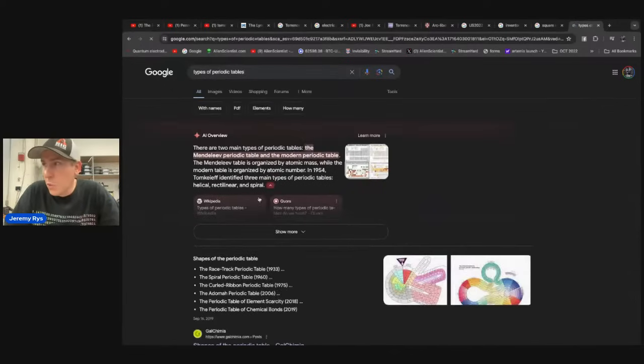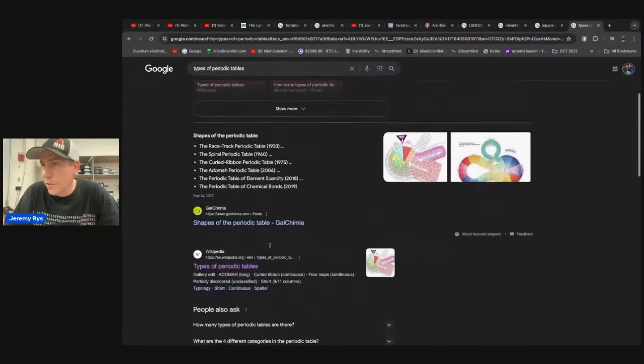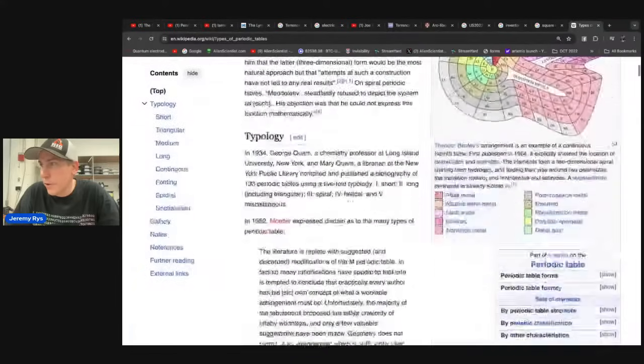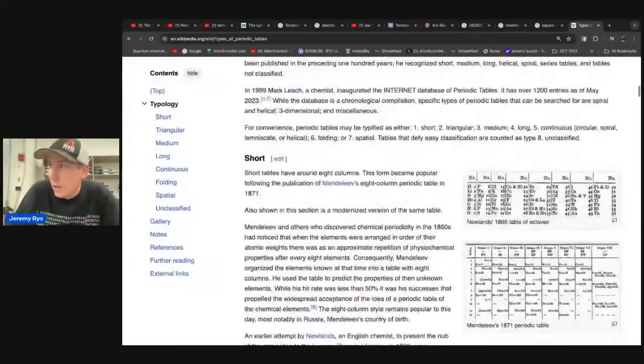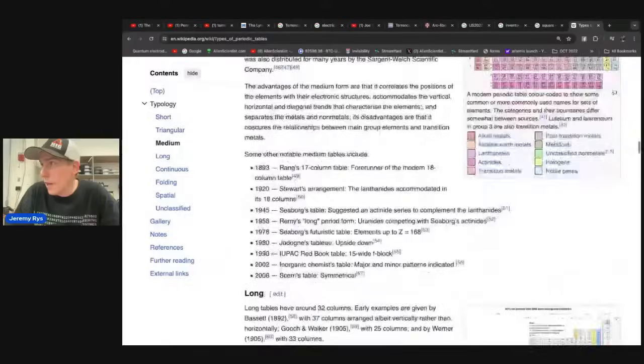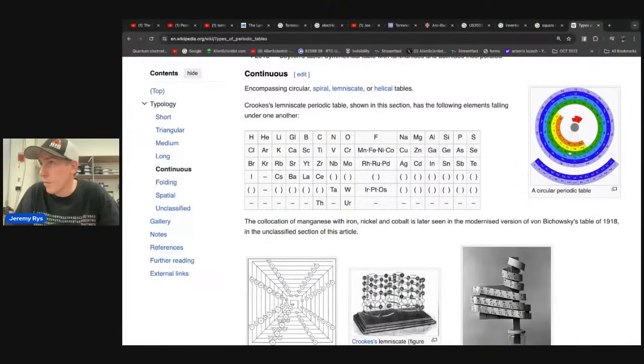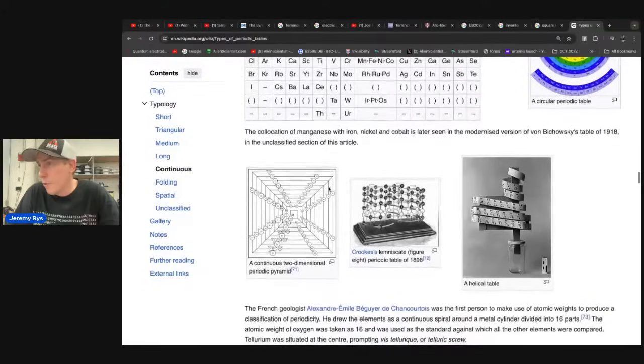Now, it depends on what information you really want and what you're trying to look for, because there's different types of periodic tables. There's periodic tables that organize them by... I like the ones that, what is interesting, it does have circular periodic tables on here. It does have a variety of different periodic tables that they show.